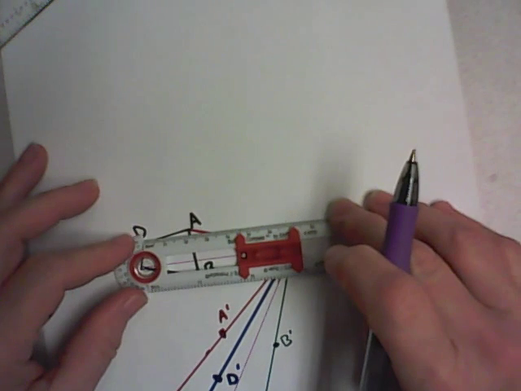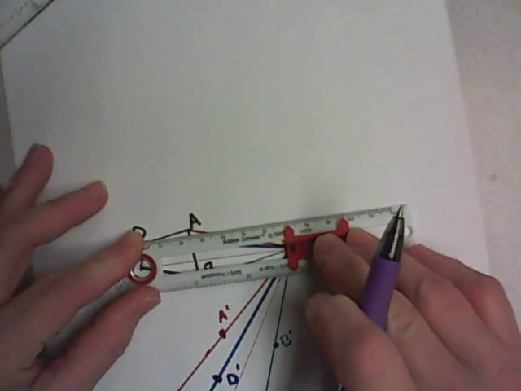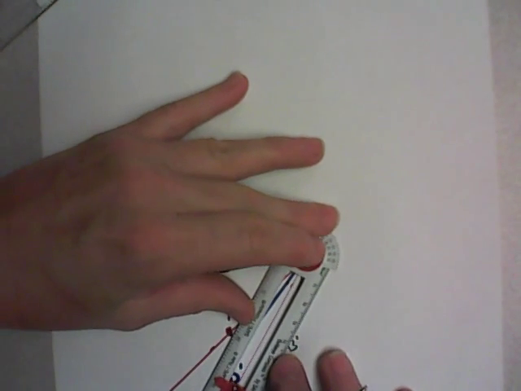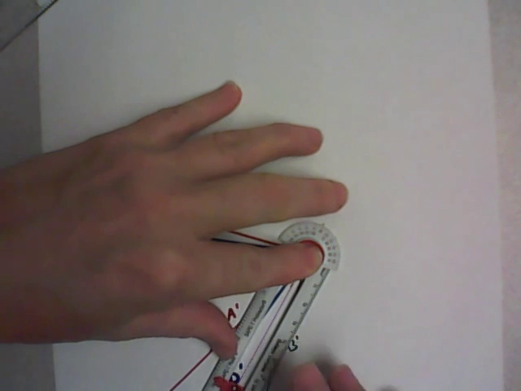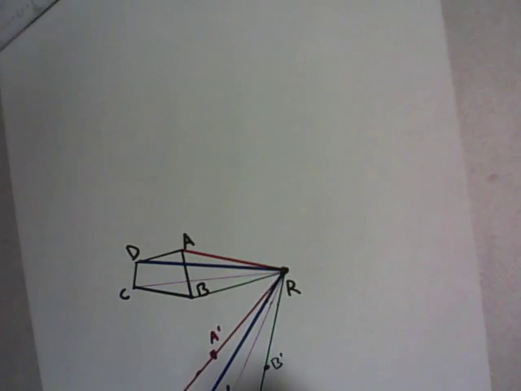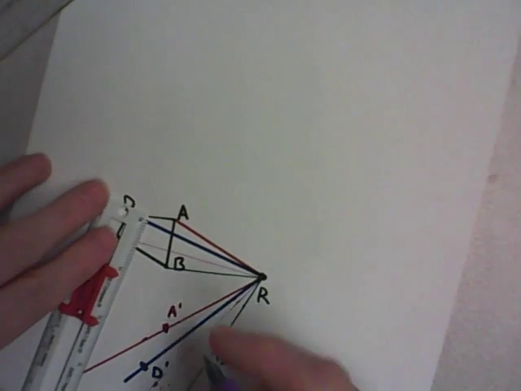Measure from C to R. Measure from R to C, and there's C prime.